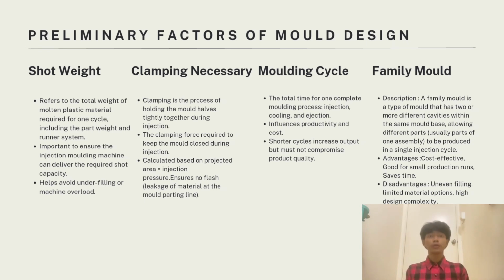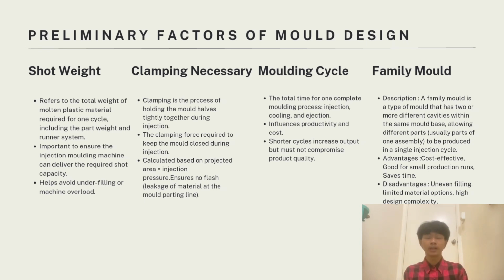So now we move to preliminary factors of mold design. First, shot weight. Shot weight refers to the total weight of molten plastic material required for the cycle, including the part weight and runner system.